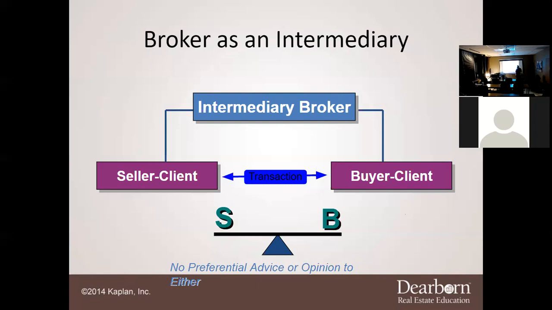Since there's no agents involved and it's just myself, and you're the seller, and Mr. Grossman's the buyer, can I give you any advice? Can I give him any advice? What am I basically? A glorified what? Paper pusher. Because I take whatever you tell me and I give it to him, and whatever he tells me, I just go back and forth.